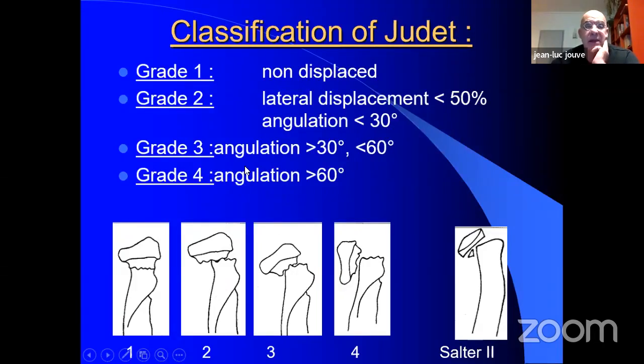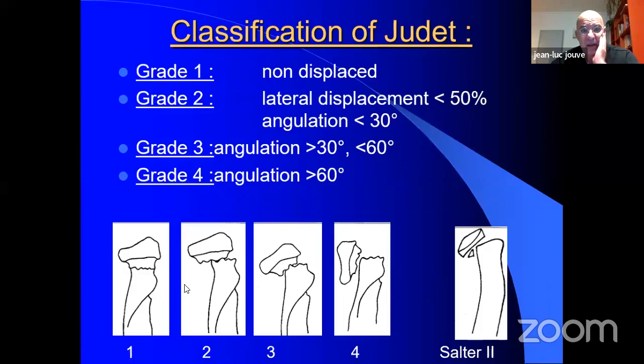Grade 3 is an angulation greater than 30 degrees or less than 60 degrees. And in grade 4, the angulation is greater than 60 degrees.